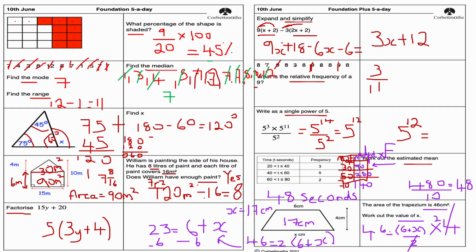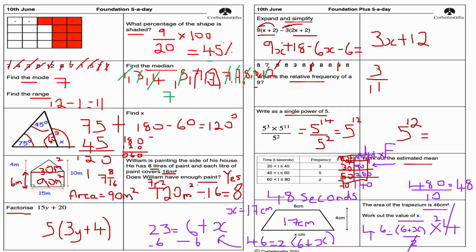So I get 2 lots of 6 plus x equals 46. If I expand that, I get 12 plus 2x, so then I would subtract 12. I'd get 34 is equal to 2x, divide both sides by 2, and I'd get 17.